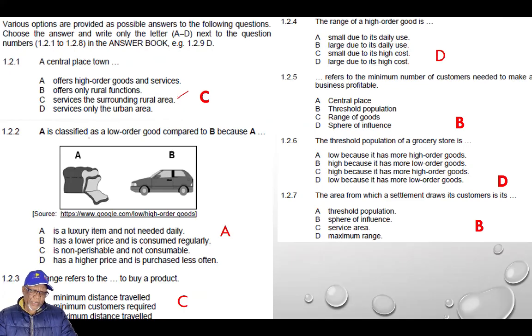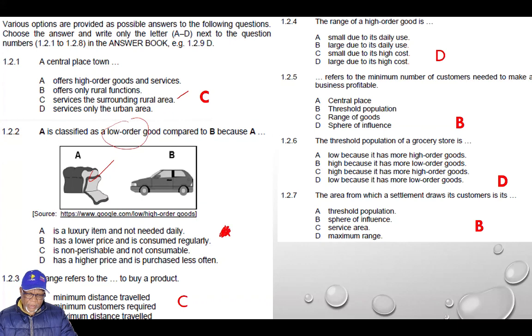Now, A is classified as a low order good, and A is the bread. It is classified as a low order good compared to B because, number one, it is a low order price, it is a luxury item and not needed.